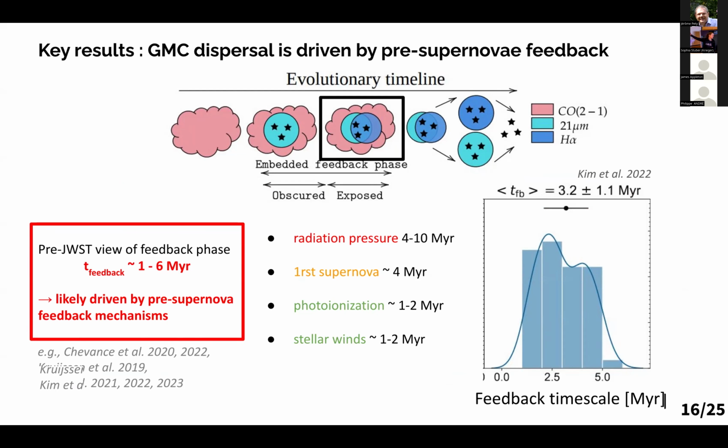And this was a strong indication of pre-supernova feedback driving the disruption of molecular clouds, with the idea that photoionization and stellar winds are acting on timescales that are short enough to disrupt the molecular clouds, and that supernovae, which explode around 4 megayears for the first supernovae, could have an impact, but only after a first pre-processing of the molecular clouds by pre-supernova feedback.